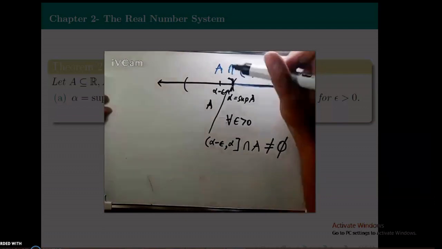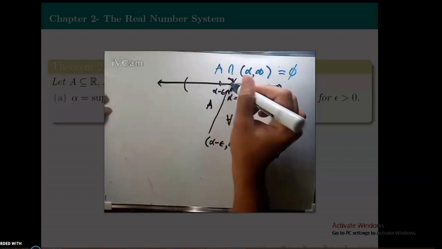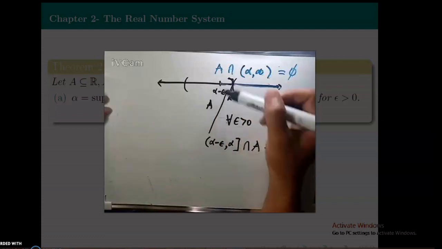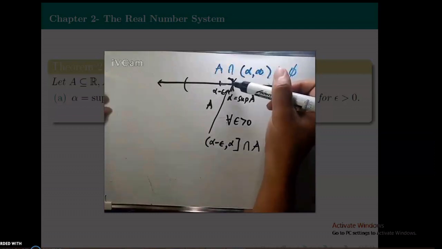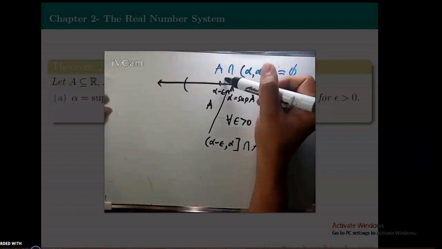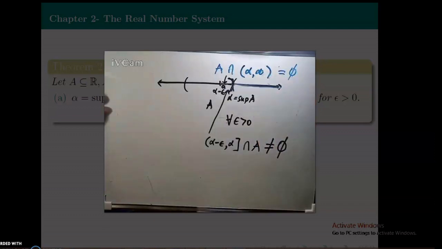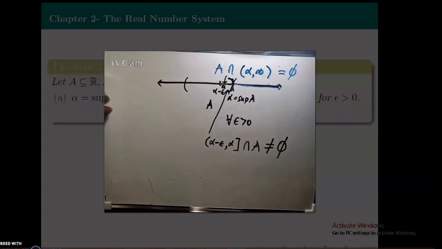Why? Because as you can see in our illustration, this is the set A here, and this is the smaller set alpha minus epsilon to alpha. There could be elements in common. Say we have an element A. Therefore, the intersection is not empty.